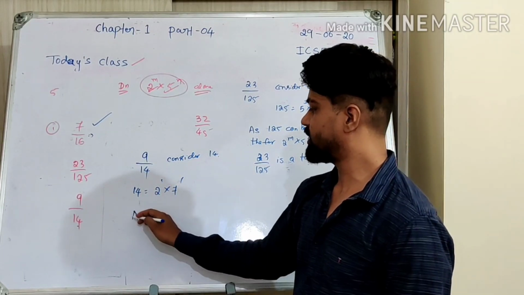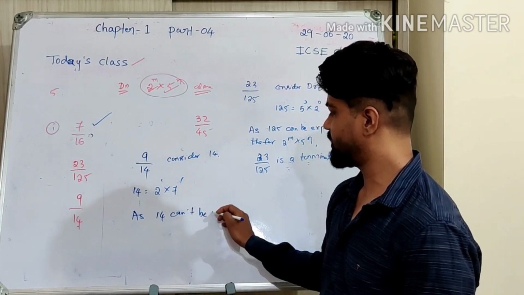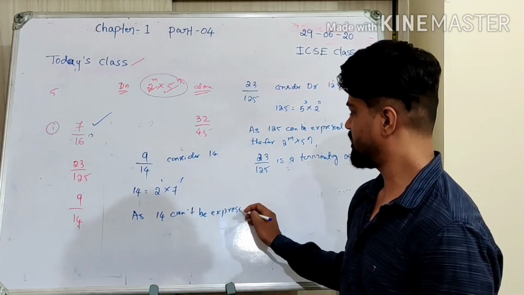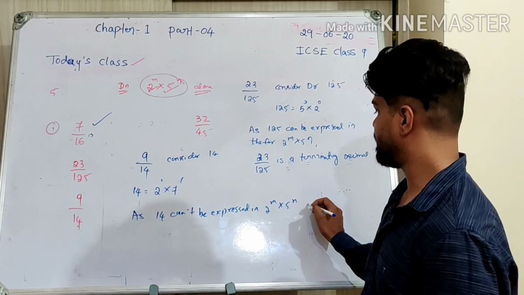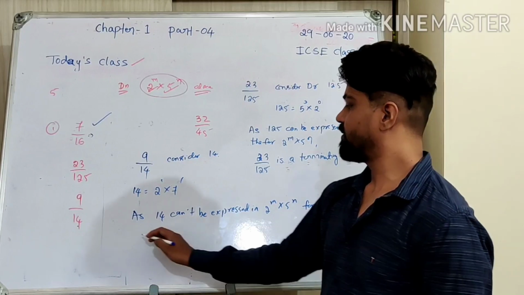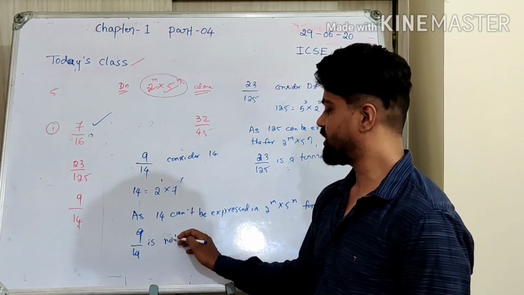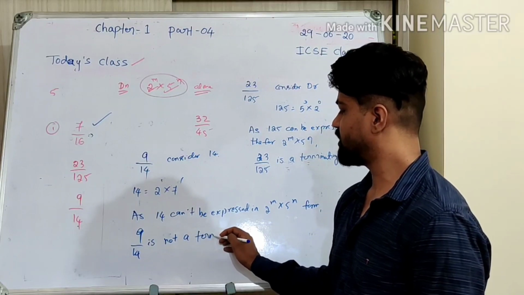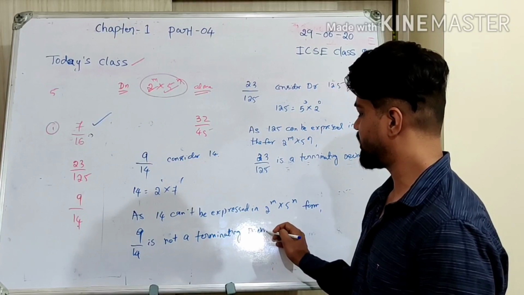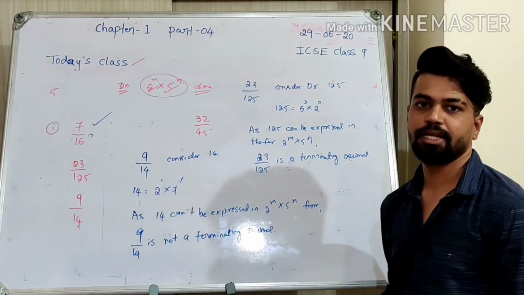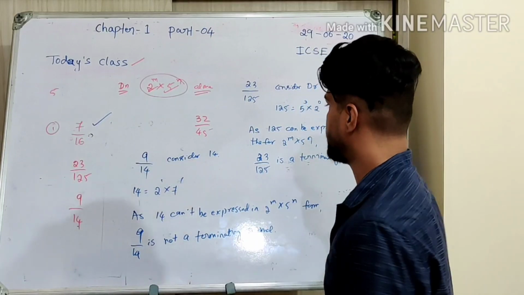Okay, so as 14 cannot be expressed in 2 power m into 5 power n form, 9 by 14 is not a terminating decimal. So non-terminating decimal, there will be some repetitions. Okay, so it's a non-terminating recurring number, NTR.